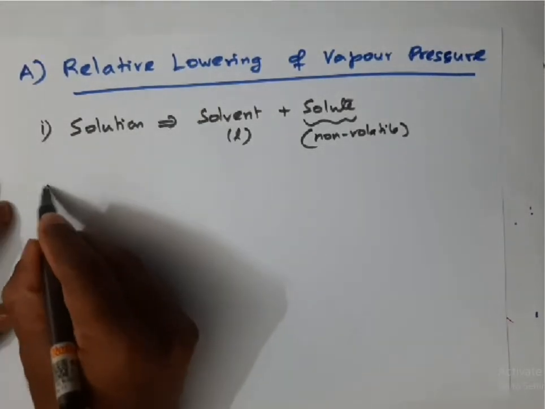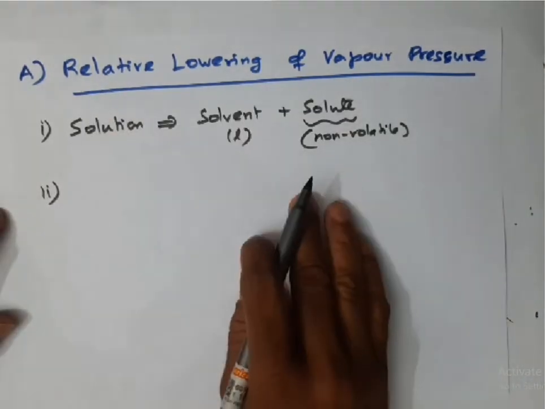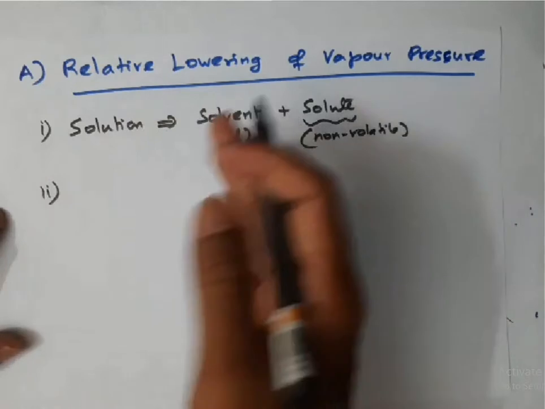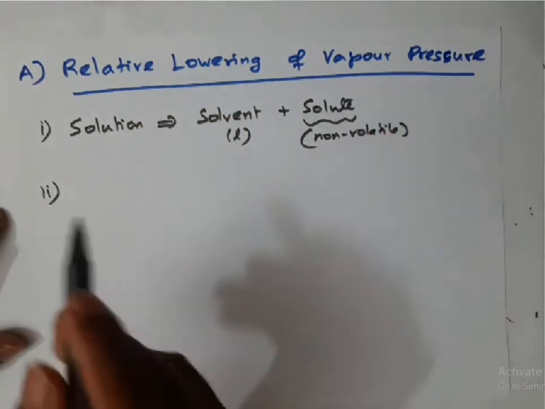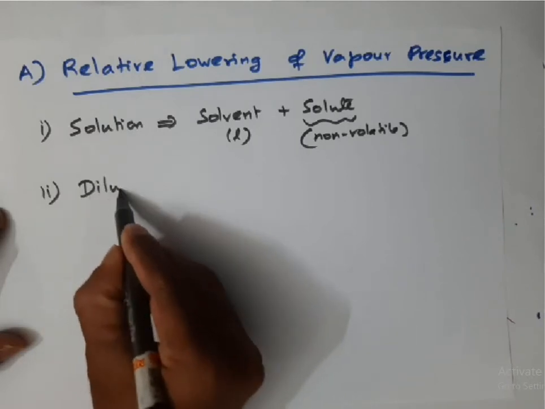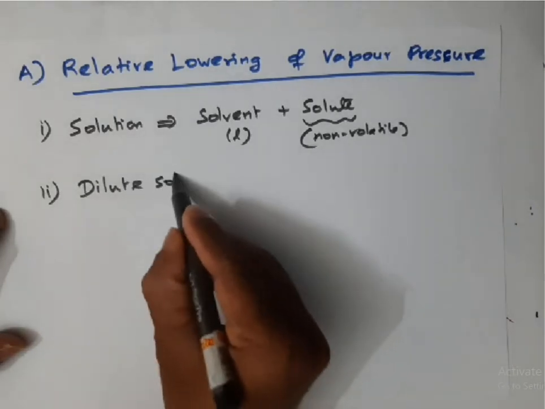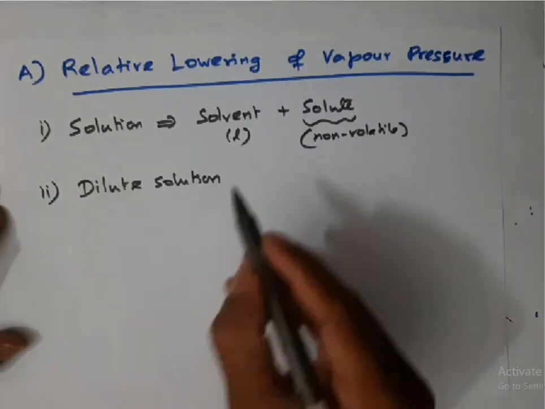Second point, students observe carefully. For colligative properties, whether it is relative lowering of vapor pressure, elevation of boiling point, or depression of freezing point, you must use a dilute solution. That is another important point. What is meant by a dilute solution?